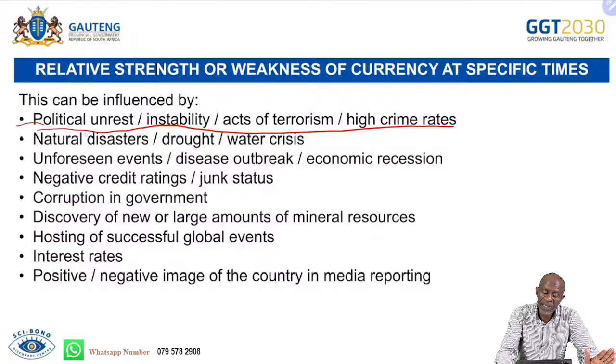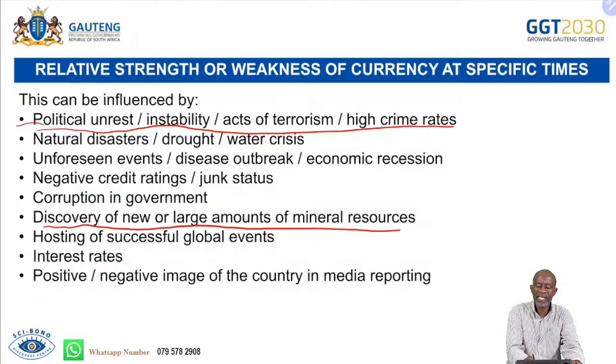Unforeseen events, disease outbreaks, economic recession also will scare away our tourists. But if we have a large discovery of mineral resources, then we attract the whole world. So we attract more tourists, in particular business tourists, who would like to make more money.